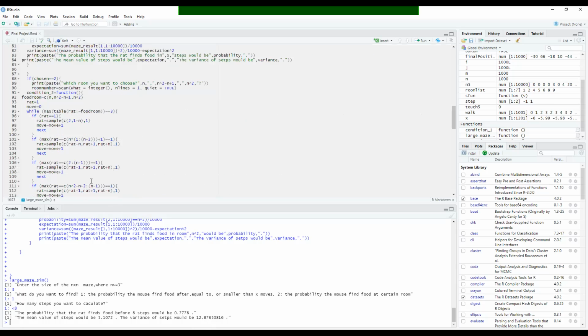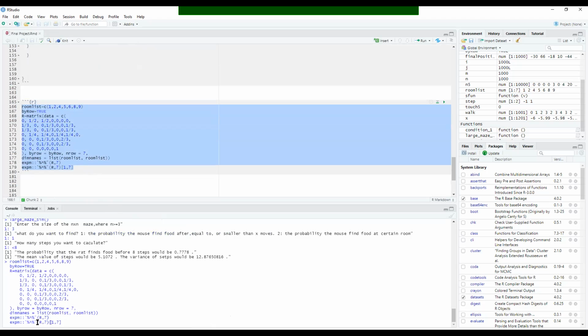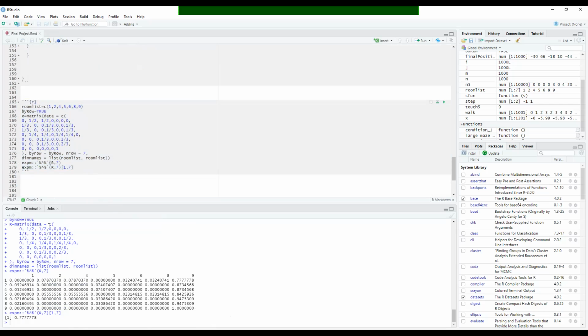And we can also find the result from the Markov matrix directly. By constructing the Markov matrix 1 through 9, and then combining the columns 3, 7, and 9 together, we will get a reduced Markov matrix, a 7 by 7 Markov matrix with the probability at each spot.